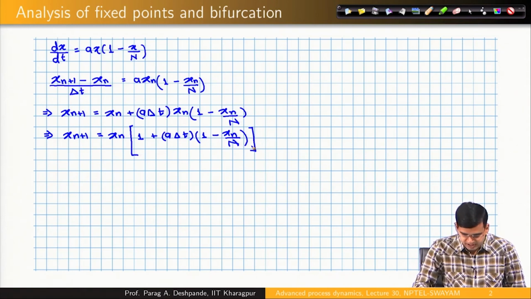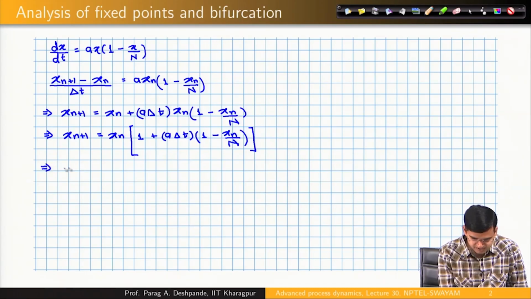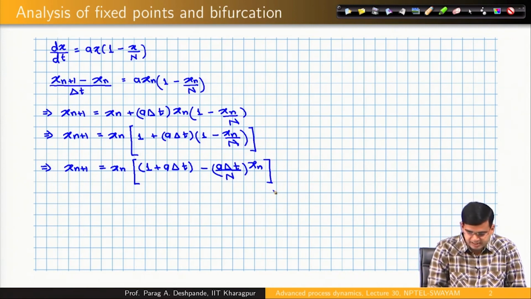Now, let me simplify it a little further. x_{n+1} = x_n (1 + a delta t) minus (a delta t/N) x_n, and I will take (1 + a delta t) out.